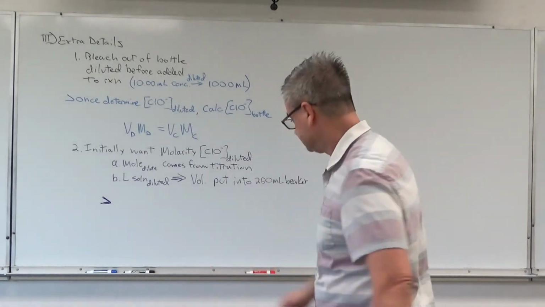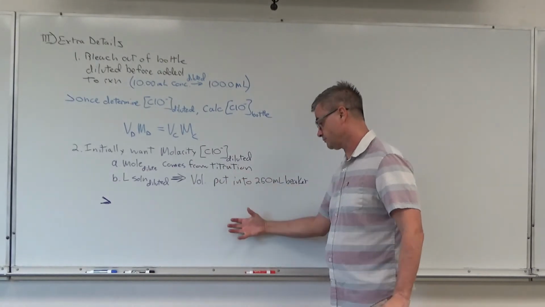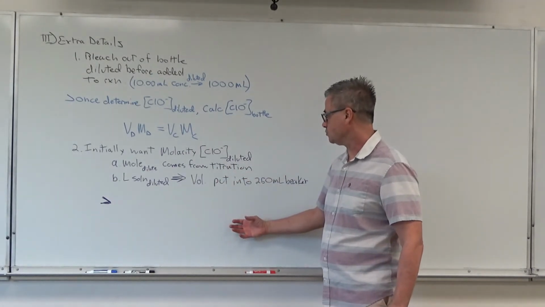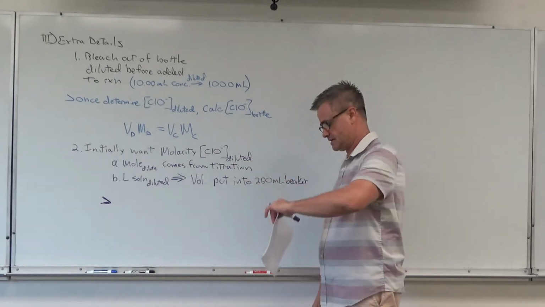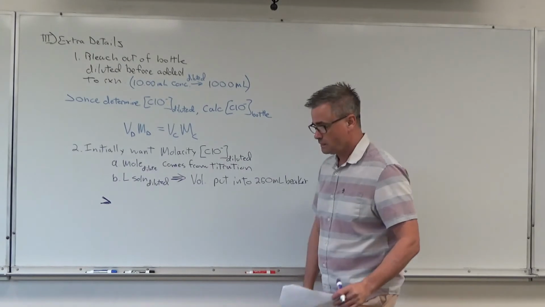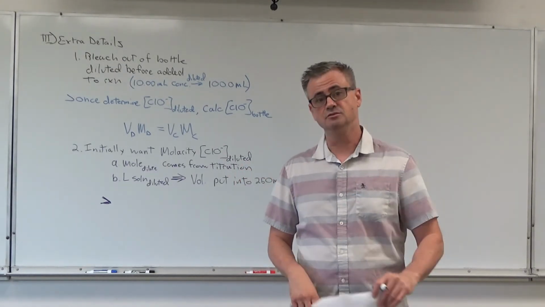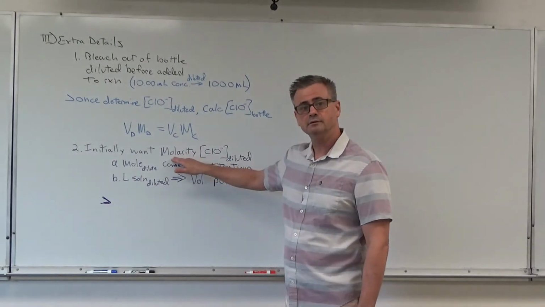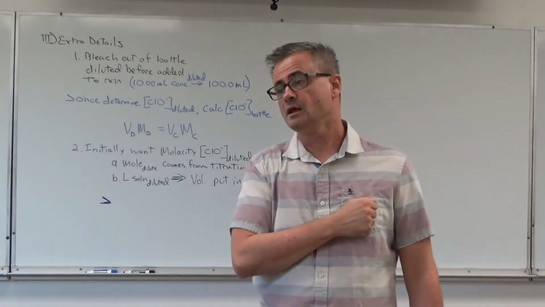You're going to put some specific volume into your flask, and then you are actually going to add some other solutions. You're going to add acid. You're going to add potassium iodide. That volume of potassium iodide and that volume of acid, do we need to account for those when we're figuring out our molarity? We don't actually have to.